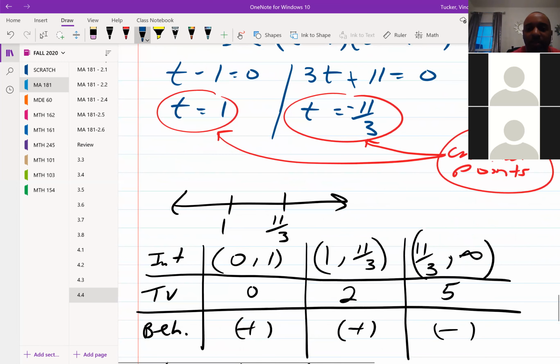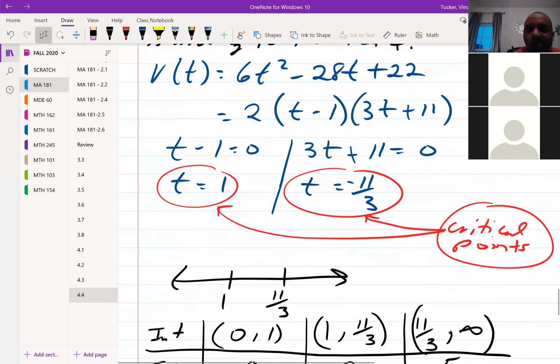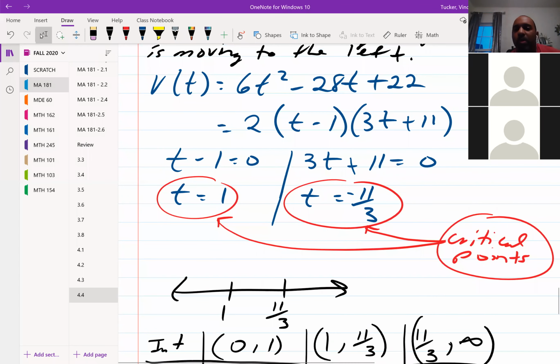All right, so that's negative 11 over 3. It can't be. Hold on. No, that should be positive. Negative 11 over 3, and it should be positive.